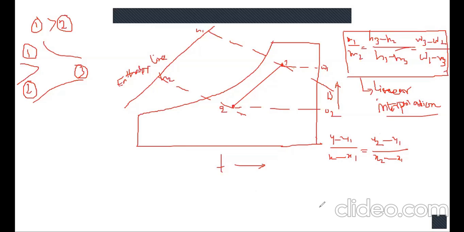This is the line equation. So suppose this is y, this is x, this is x1, y1, x2, y2. This is the linear interpolation equation.